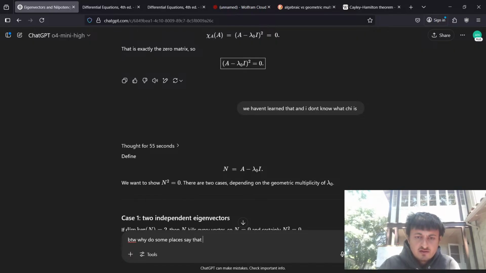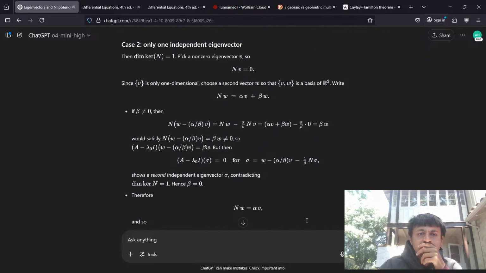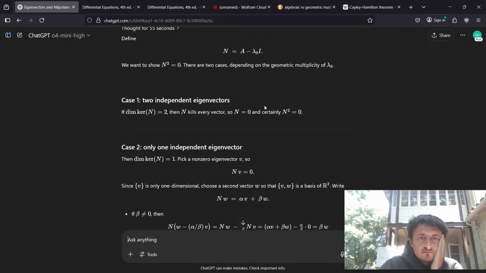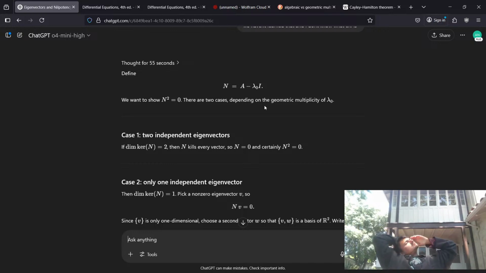Places say that the characteristic polynomial is det of A minus lambda I, and others det lambda I minus A. Is it the same? Okay, this case 1 makes sense.